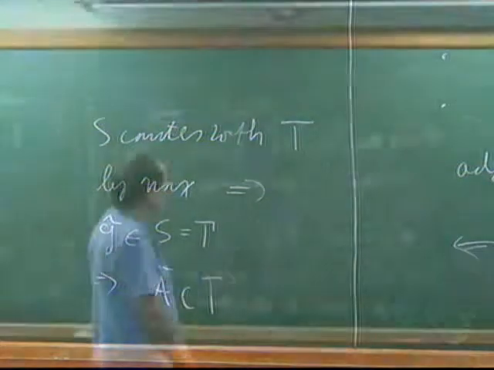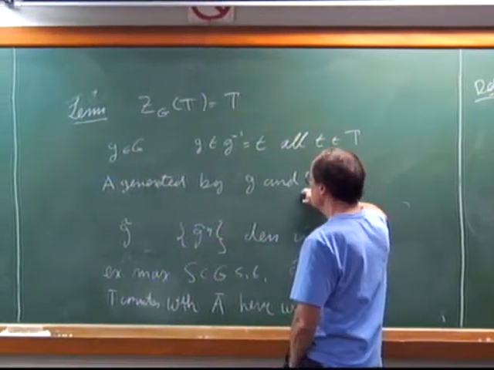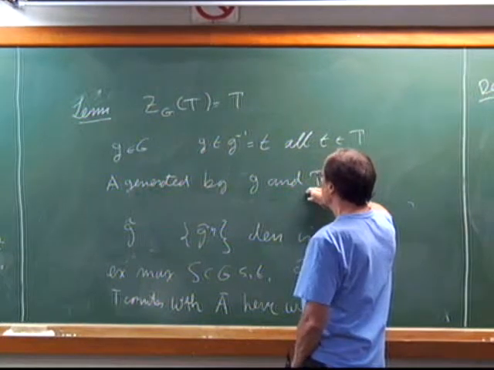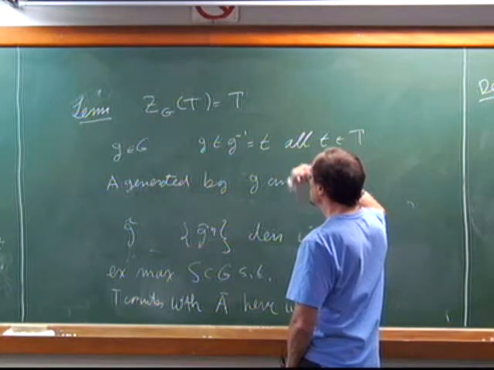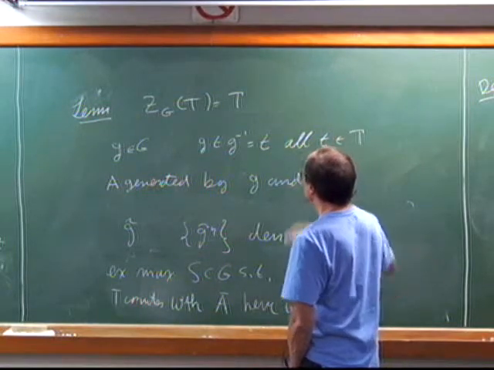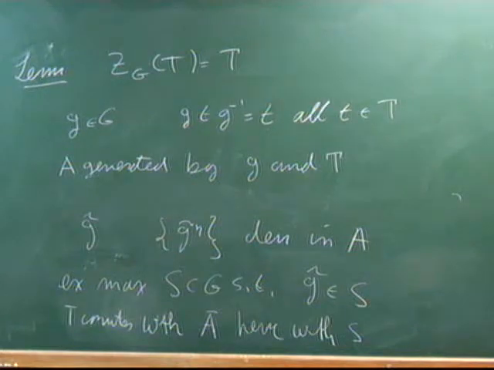Okay, so I showed that I can modify, so this group here was the set of all powers of G multiplied by the maximal torus. And then I said I'm modifying my element so that all powers are dense in it.